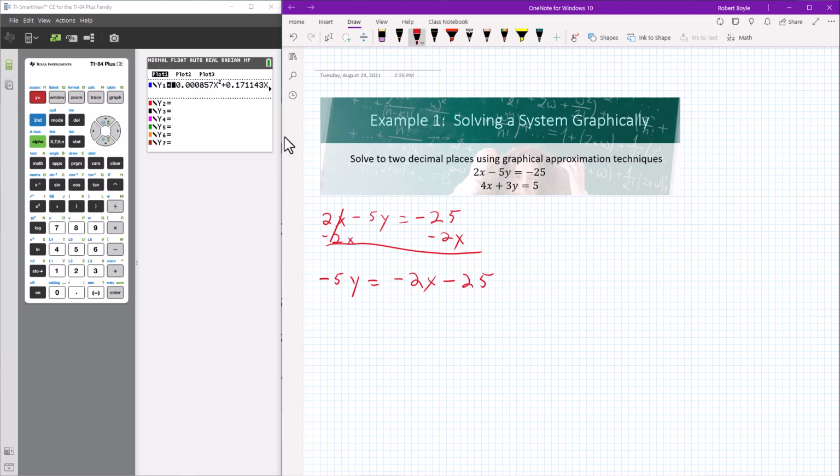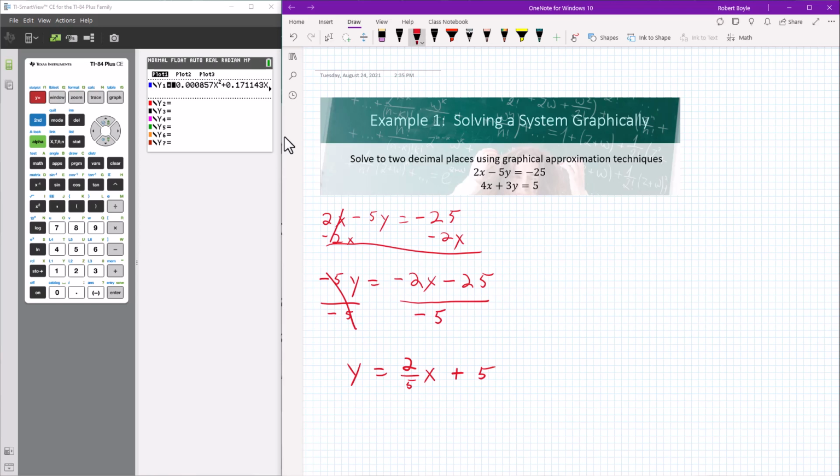We can divide both sides by negative 5. And then we will have, these will cancel. We will have y is equal to 2/5 x plus 5, I apologize. Negative 25 divided by negative 5 is 5.